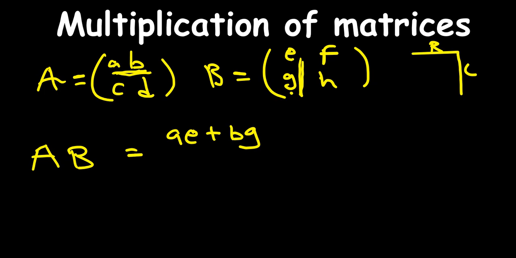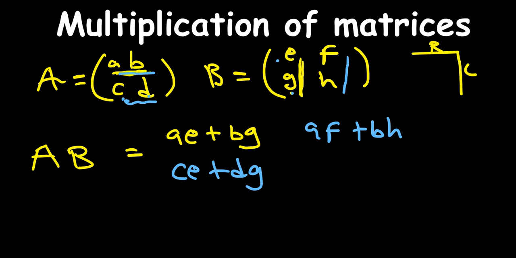Now we multiply this same first row with the second column, so it will be AF plus BH. We are done with the first row, and then you go to the second row, which is C, D. Again, you multiply it by the first column and then the second column. So it will be C multiplied by E, giving CE, and then D multiplied by G, giving DG.